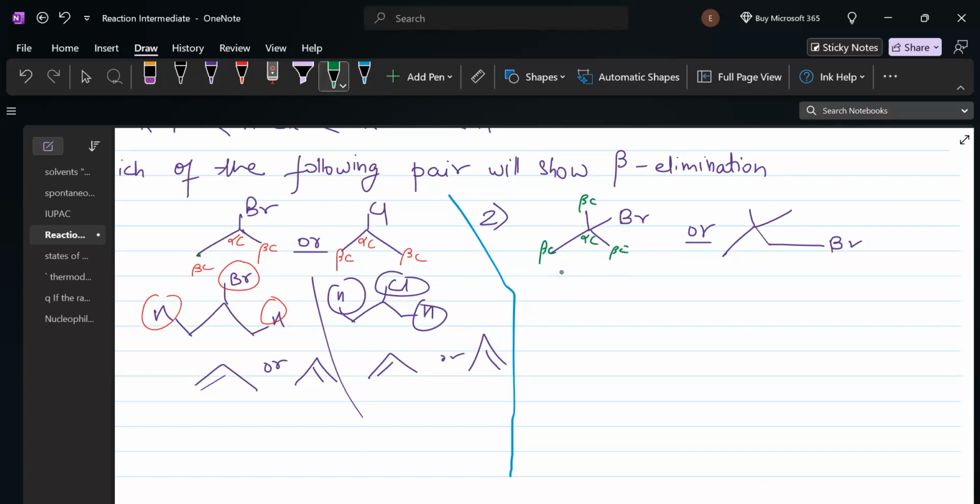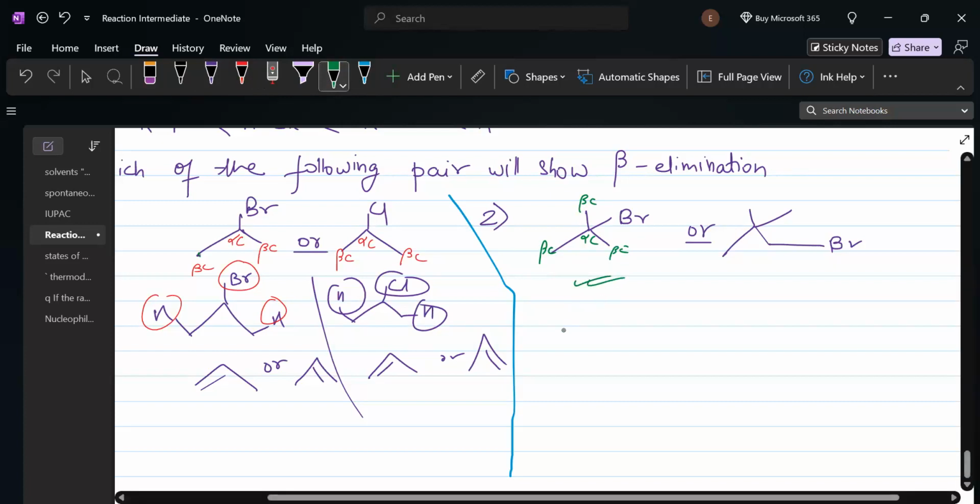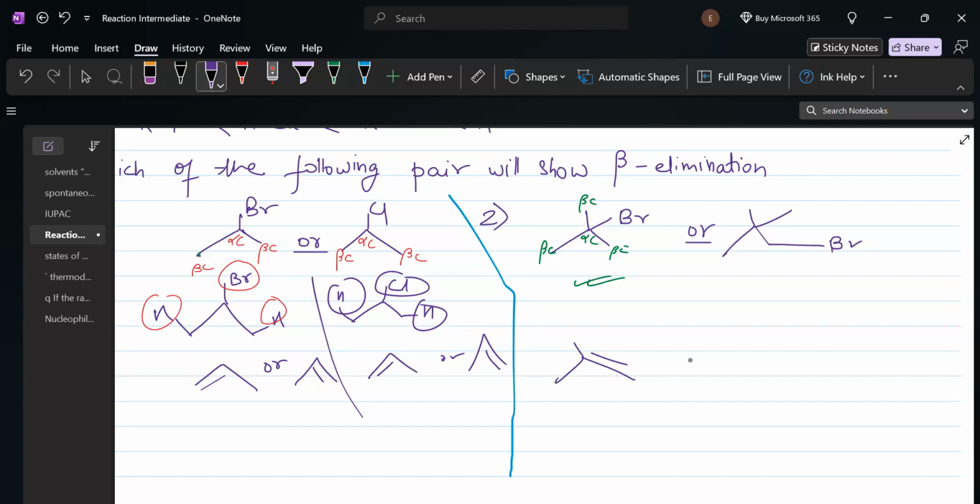So we can eliminate beta hydrogen, and beta elimination is possible. We will form this, and one double bond will be present. And we will have a symmetrical structure, so we will get only one product, right? Yes, sir.